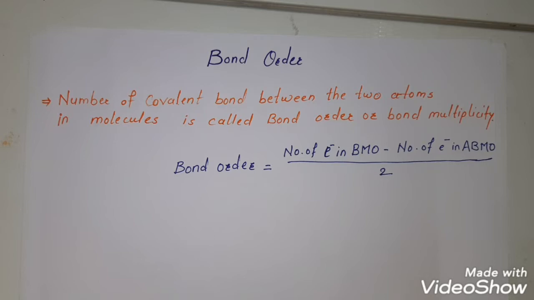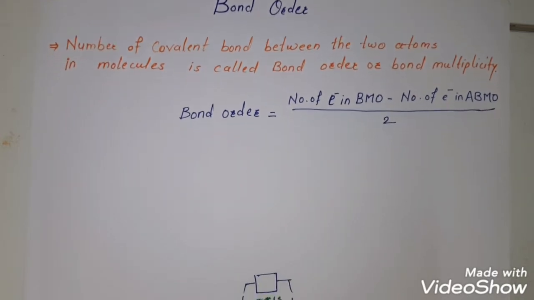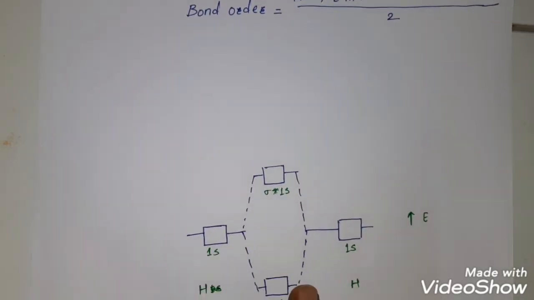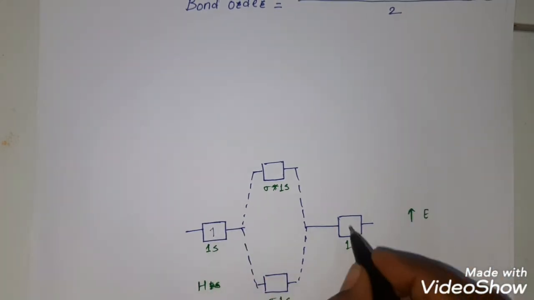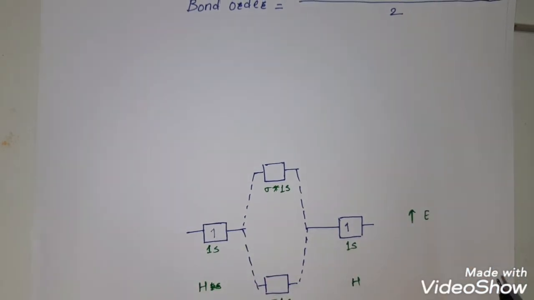In the hydrogen molecule, we have two hydrogen atoms, each with 1s configuration. So here is one hydrogen atom with 1s configuration, and here is a second hydrogen atom with 1s configuration, and each hydrogen atom has one electron in its 1s orbital.